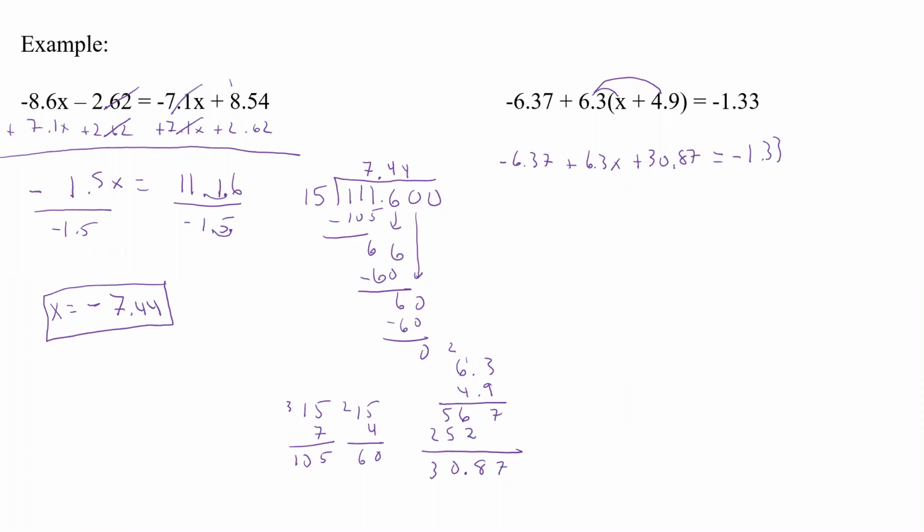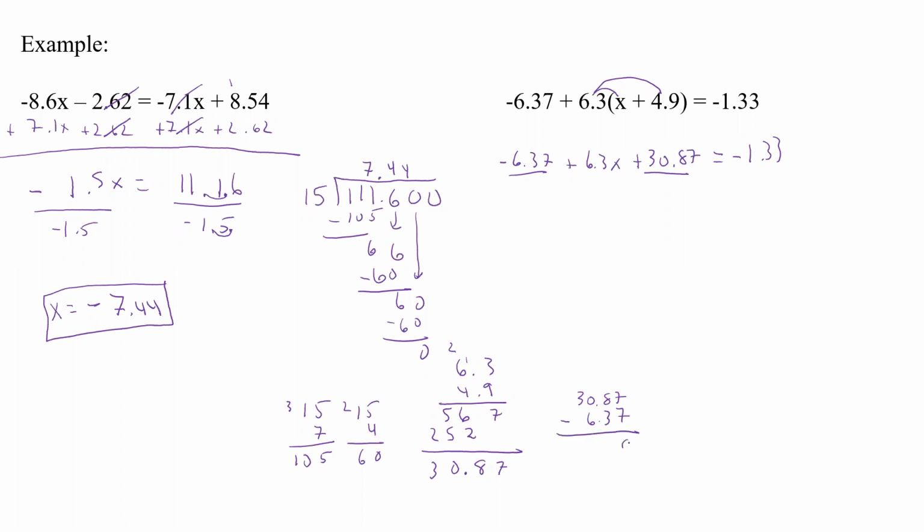All right, on the left here, we've got two values that are like terms, and then we have an x term. I think I'm going to keep this x term here, add those two together, and then take it to the other side. So if I take 30.87 and I subtract off 6.37, what do I get?